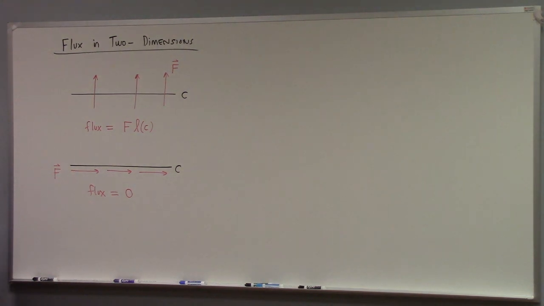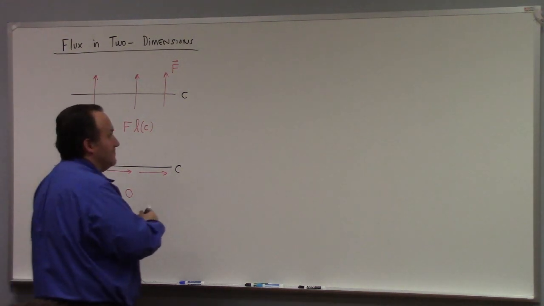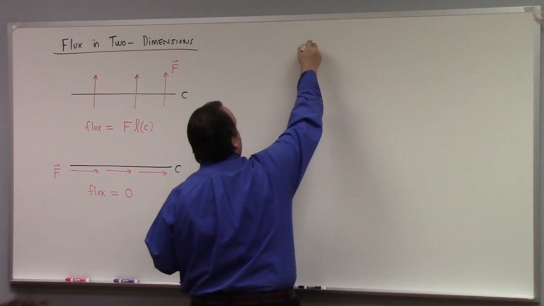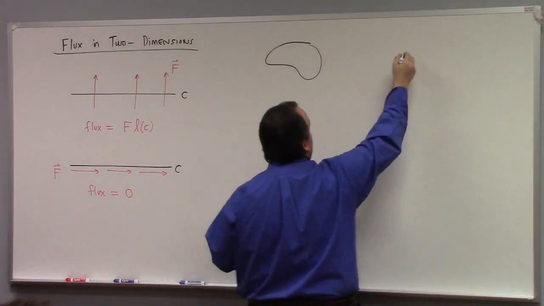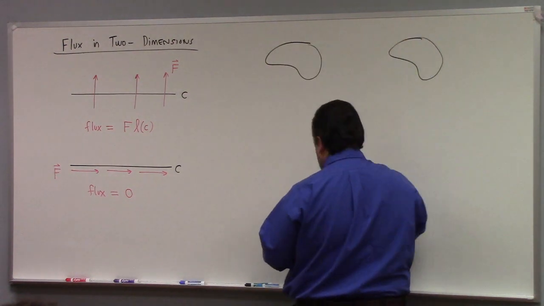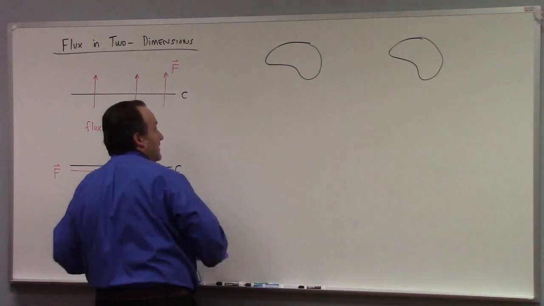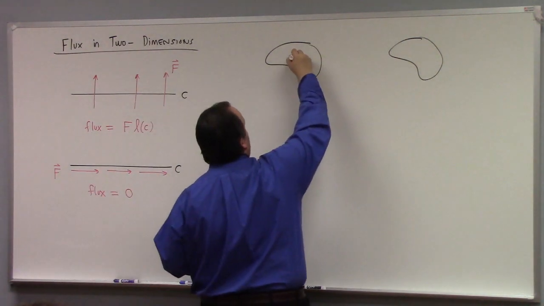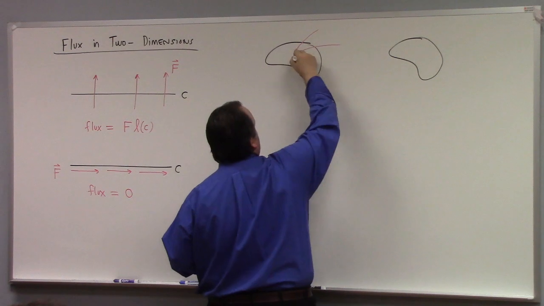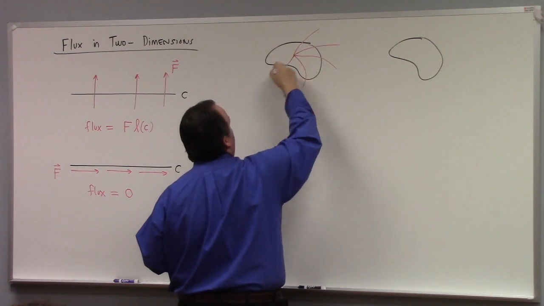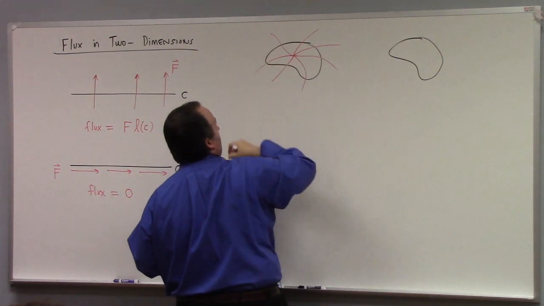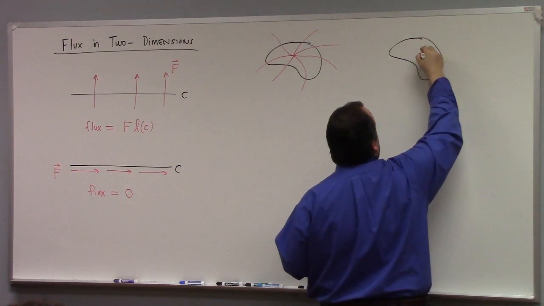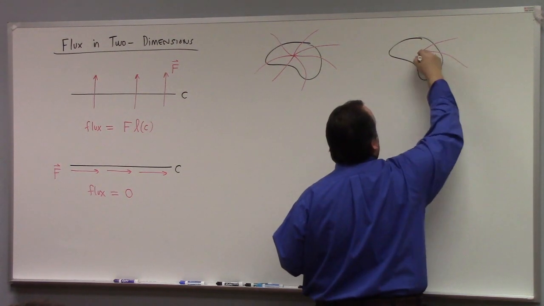So here's another example. If I had something like this, I could have a closed curve. Here's another closed curve, right? And maybe I've got some place where all my streamlines are coming out of it like this. And over here, here's another one. My streamlines are coming out of it like this.